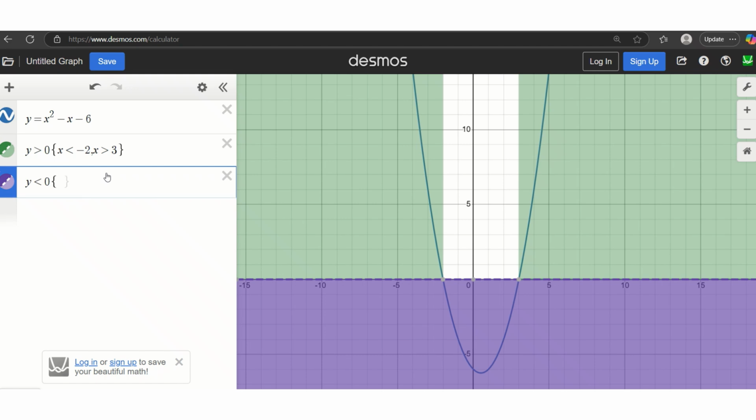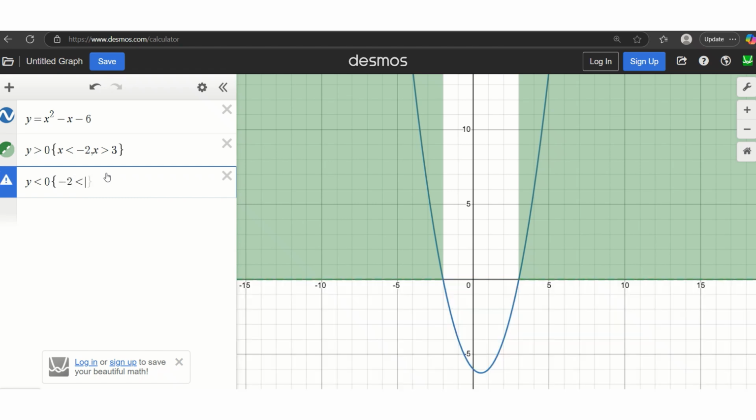And this one I can do as a compound inequality, meaning I can get the whole thing in at once. And I can say -2 is less than x is less than 3. And what that does is it cuts this off so that we're only looking at x's in between the -2 and the 3. And so what we've done there is we have highlighted the positive intervals in green and the negative interval, in this case, in purple.